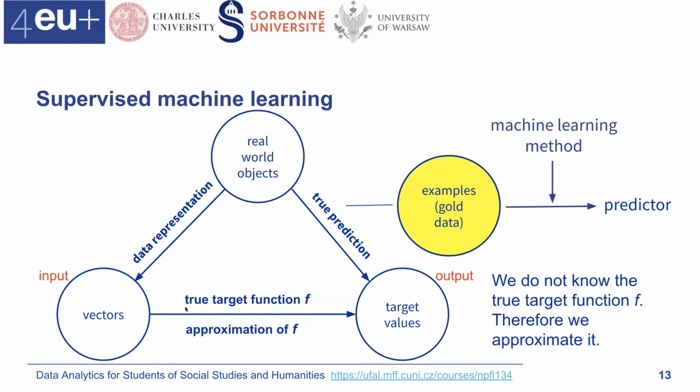And why do we do machine learning? Because we don't know the so-called true target function. We don't know what is the proper relationship between emails and spam or not spam. Since we don't know this true target function, we have to approximate it, and we approximate it using machine learning algorithms.